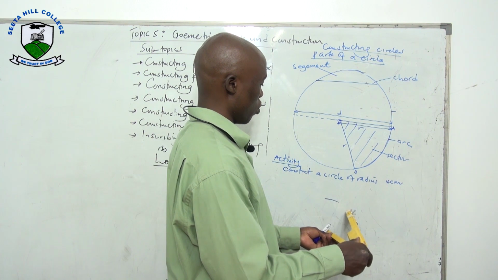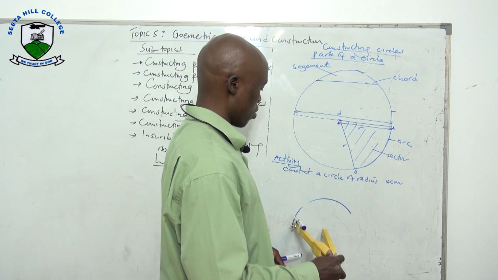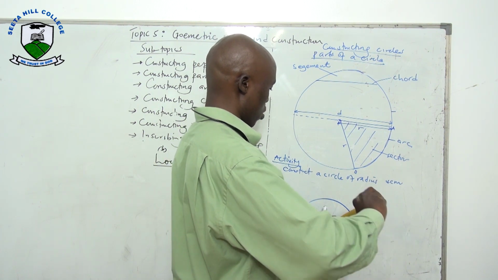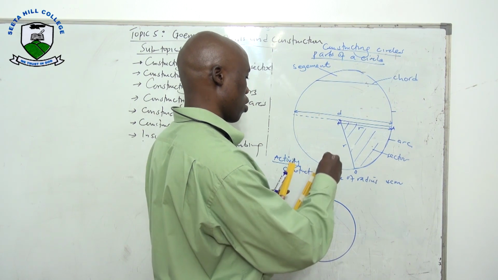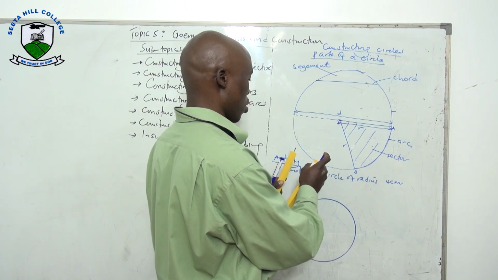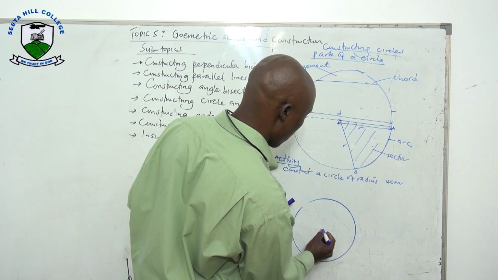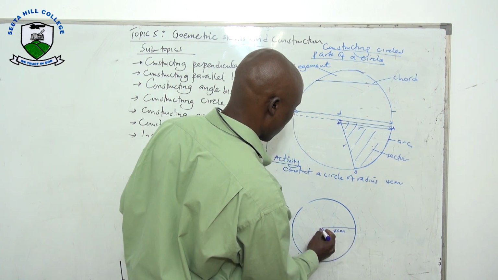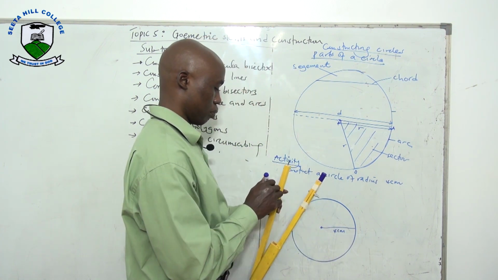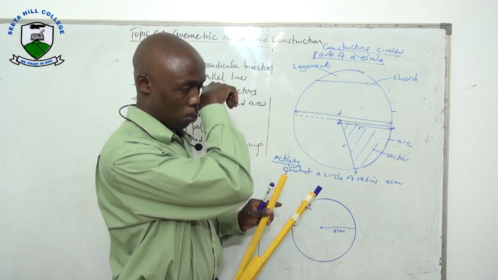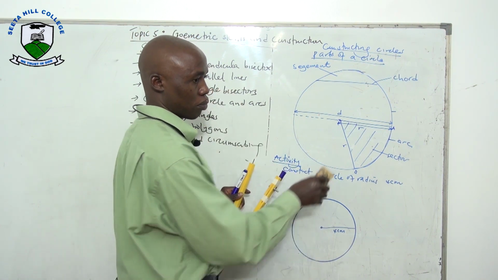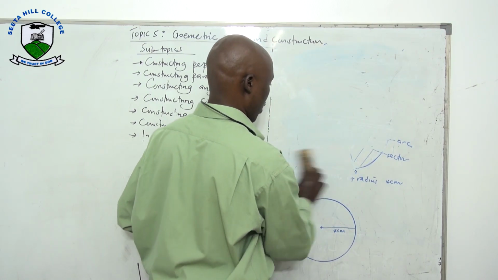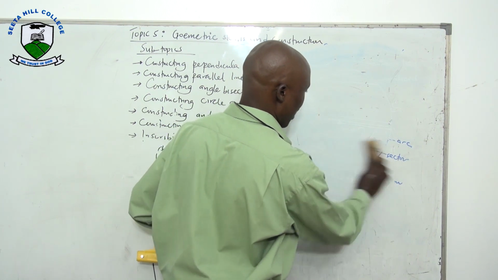Measure 4 centimeters on your ruler, then construct a circle and label it from that point where you constructed. Call it 4 centimeters.